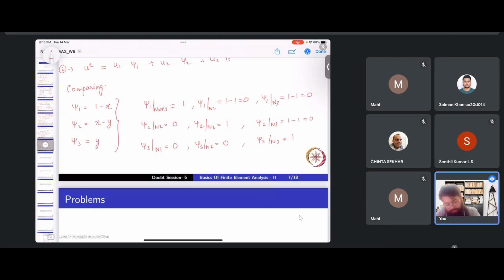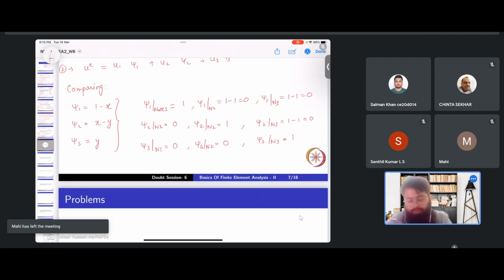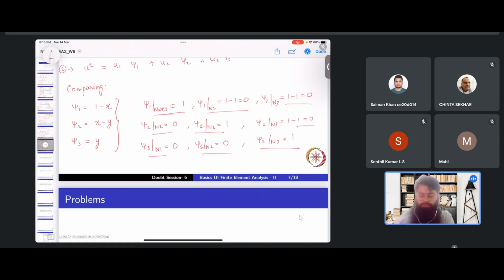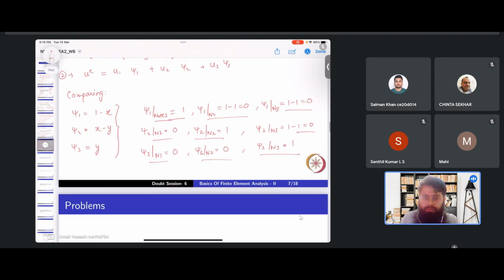So you can check that the value of the interpolation function at its corresponding node is 1, and at the other nodes we get 0, right? So this is a verification that we have the right interpolation functions. I hope this problem was also clear.